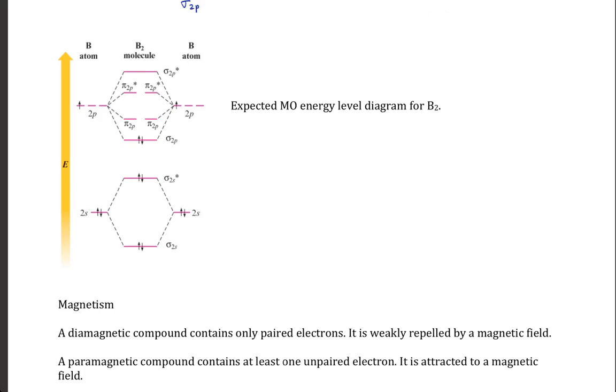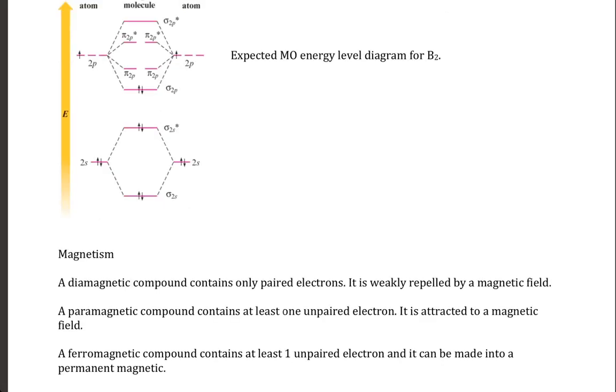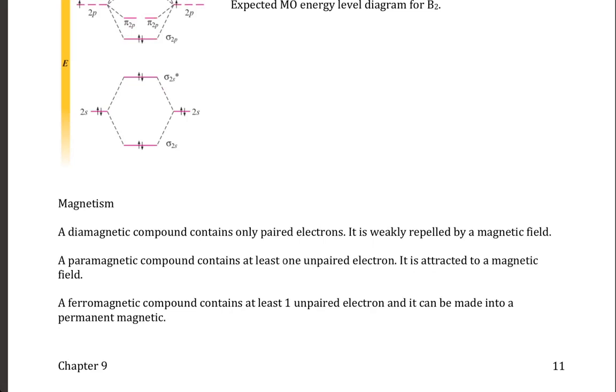So with boron, each one has 3 electrons, so we have a total of 6. So we fill those 6 in the middle on the MO portion, putting 2 in the bottom, and then 2 above, and then 2 in yet one above. So that would be the expected MO energy level diagram for B2.